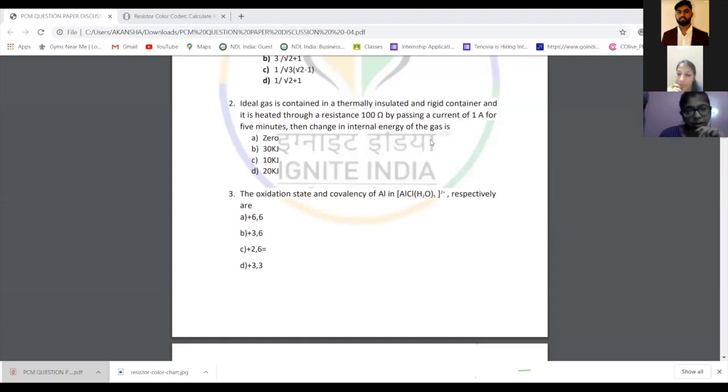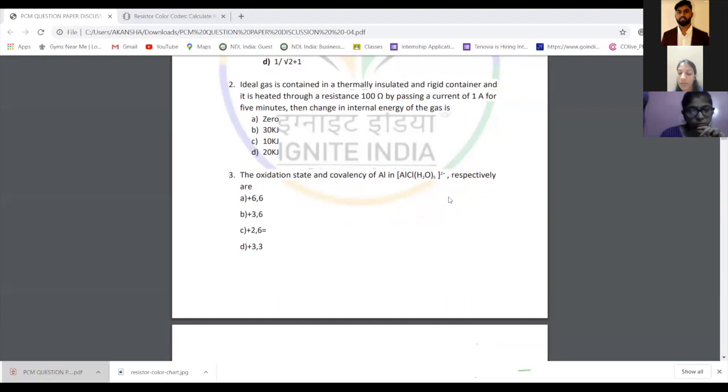And according to SI units, the time should be in seconds. So how will you convert it into seconds? Multiply by 60. Very good. So what should be delta Q then? 30. Very good. 30 kJ.